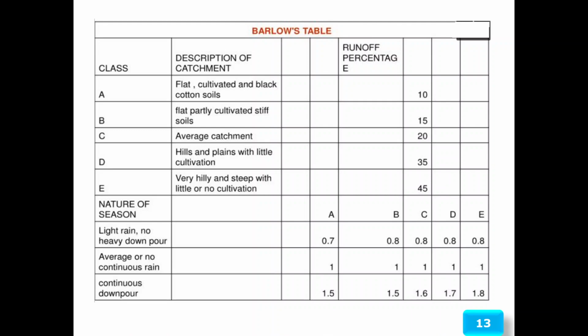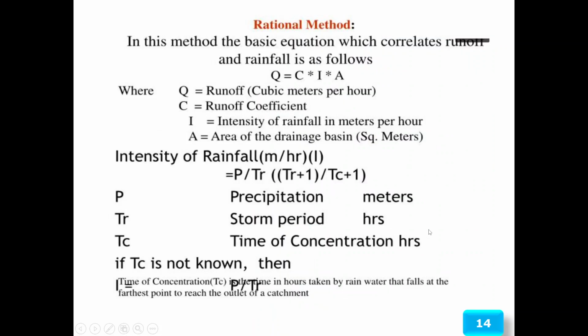Then the description of the catchment: flat, cultivated and black cotton soil, flat partly cultivated stiff soil, average catchment, hills and plains with little cultivation, very high and steep with little or no cultivation. From here the runoff percentages are based on classes A to E for light rain, average rain and continuous downpour, and likewise the values are maintained.